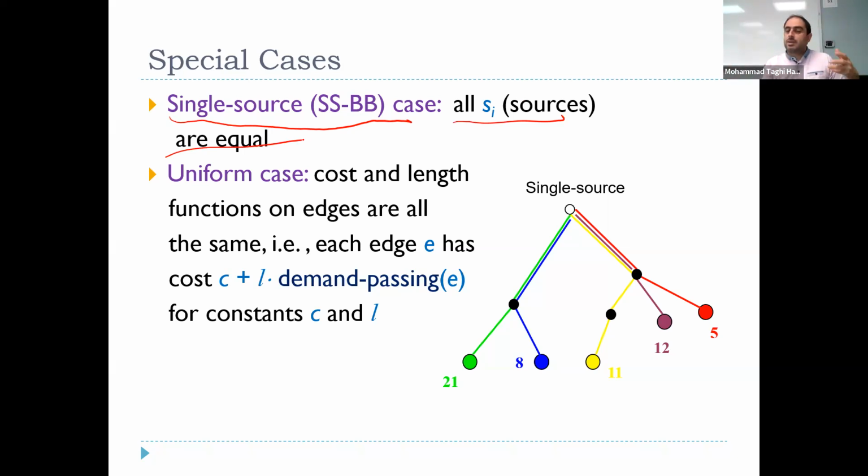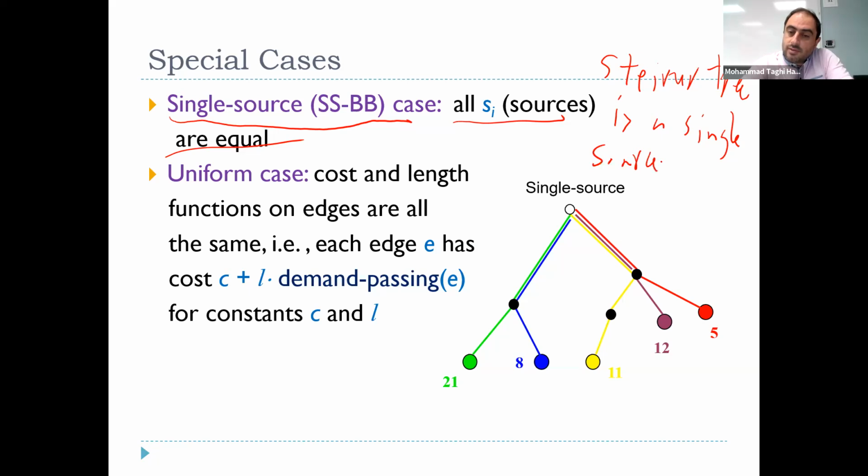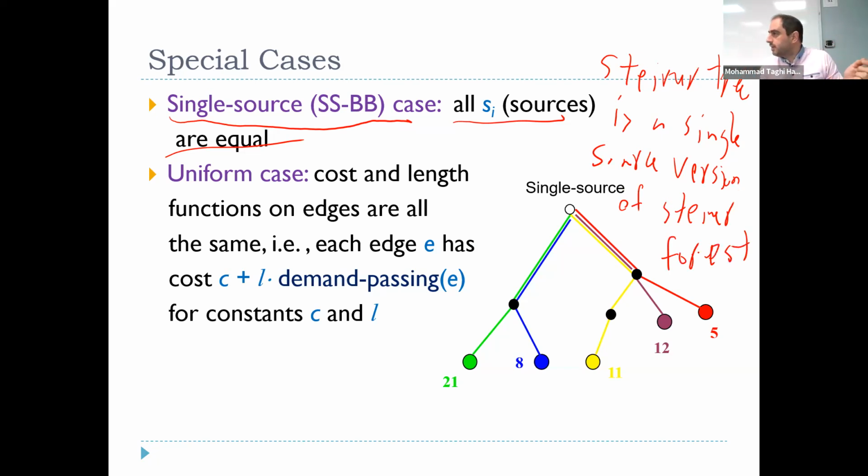So in some sense you can say that a Steiner tree is a single source version of Steiner forest.